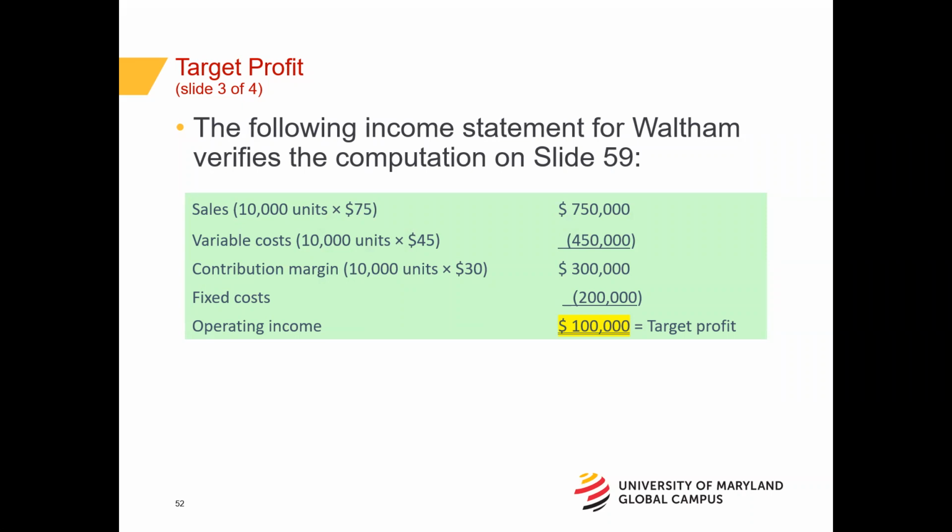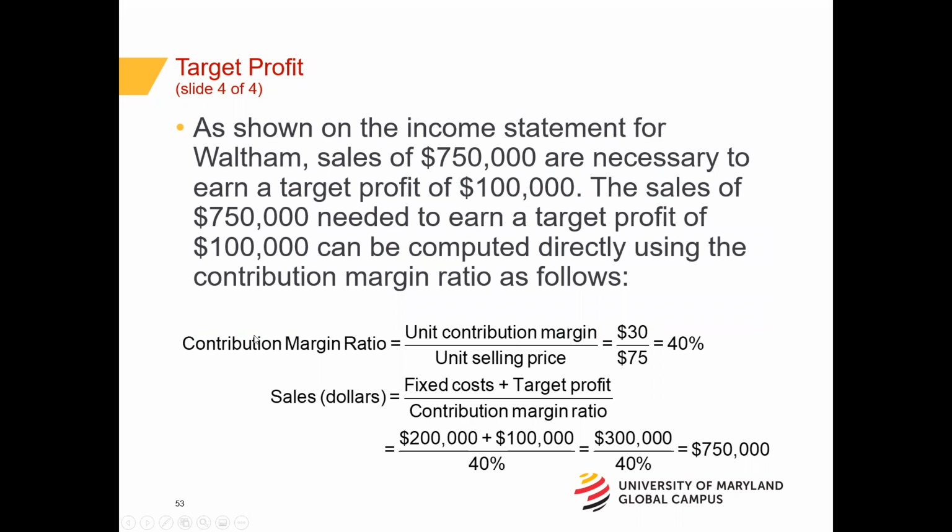Minus my fixed cost, 200,000, equals operating income. Yeah, 100,000 target profit. That's what I'm talking about. It's the idea behind it, right? Got to make profit.